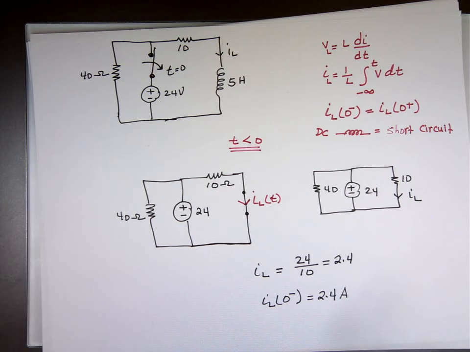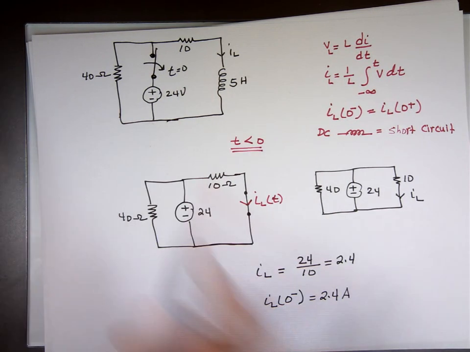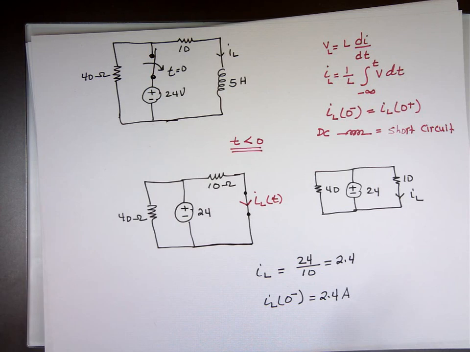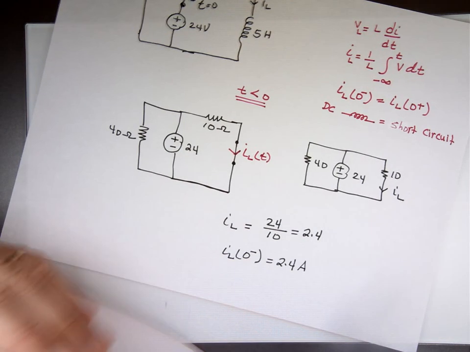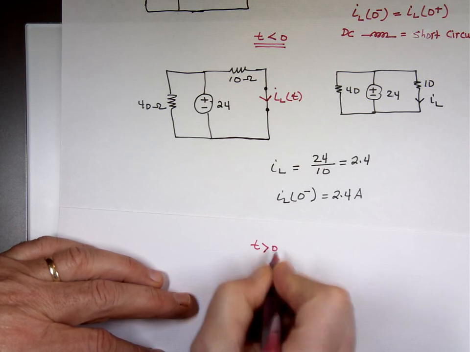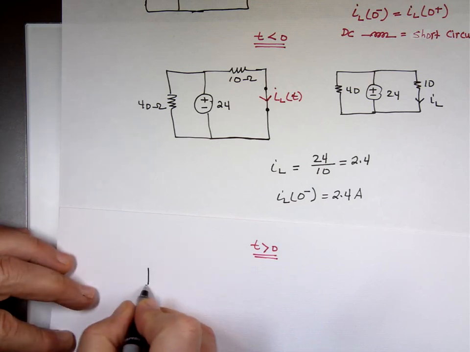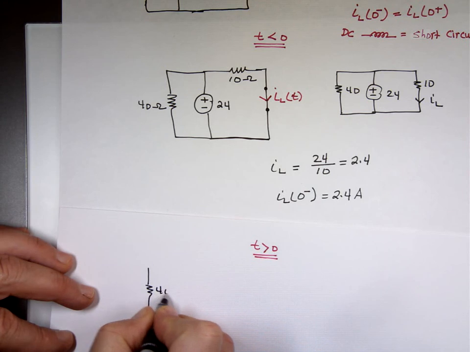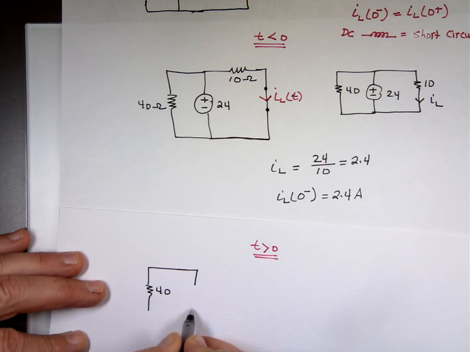Now what's going to happen when t is greater than 0? The switch opens, which means that source is dangling. Right there, it's not connected. So for t greater than 0, what is my circuit going to look like? It's going to be 4. This is open. It's not even connected.